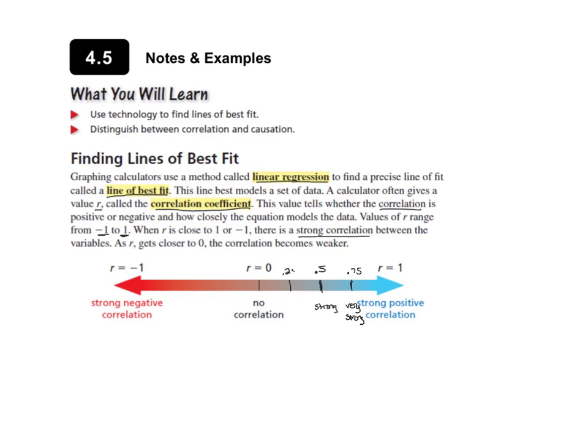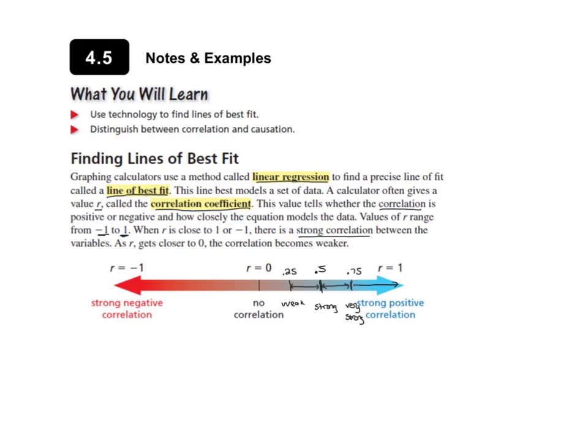And we're going to say at 0.25 that is a weak correlation. So from 0.25 to 0.5 we would say is weak. From 0.5 to 0.75 we say is strong. And from 0.75 to 1 we say is very strong.